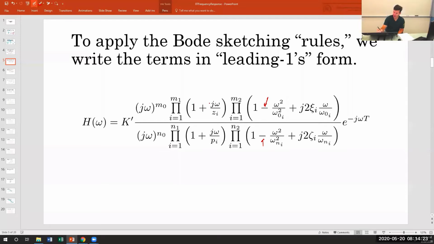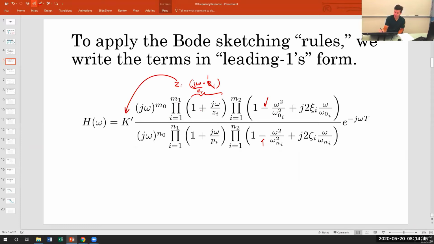In the last slide, this thing was written as j omega plus z sub i. If you pull out the z sub i, you get something that looks like that. And so I've folded all of the z sub i's into what I'm calling k prime, because this is all a product.